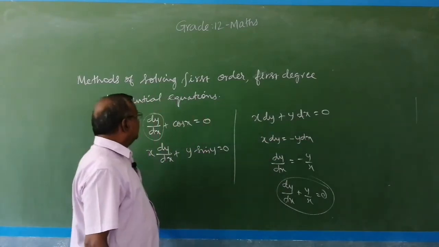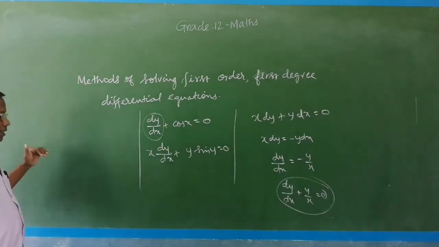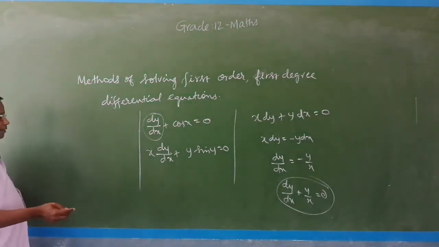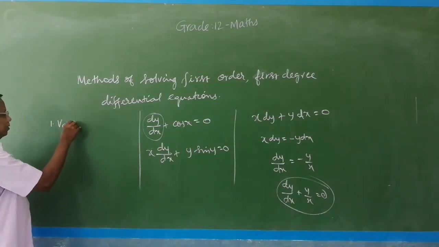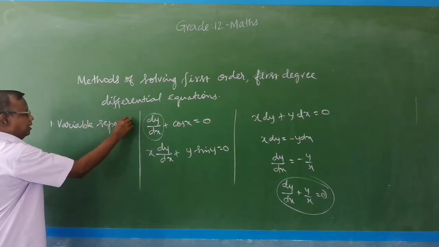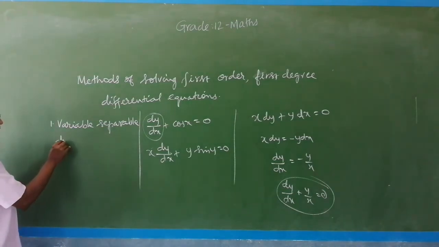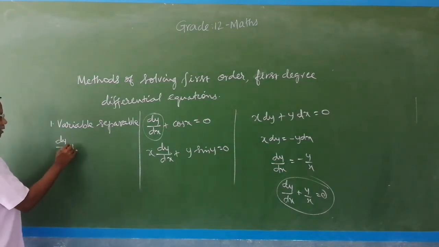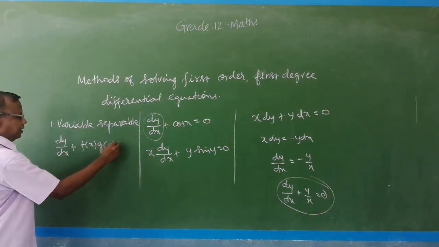And the methods, there are so many methods, of which we are given a few. The first one is variable separable. In variable separable we may be given the equation like this, that is dy by dx plus f of x into g of y equal to 0.